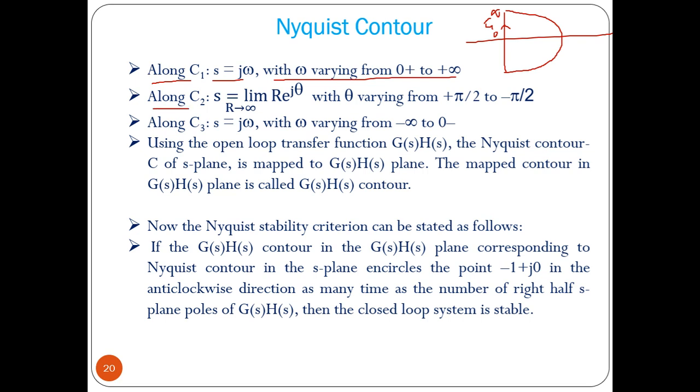Along C2 we put s equal to limit r e to the power j theta, r tends to infinity, and theta varies from plus 90 degrees to minus 90 degrees, and this Nyquist contour is always clockwise. Okay, and along C3 we vary omega from minus infinity to 0 minus. You put s equal to j omega. That's all.